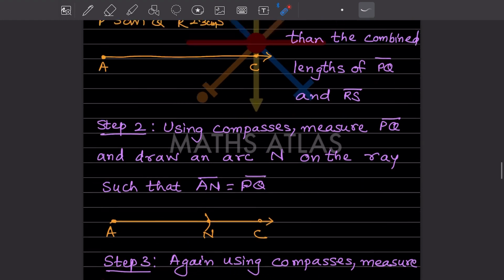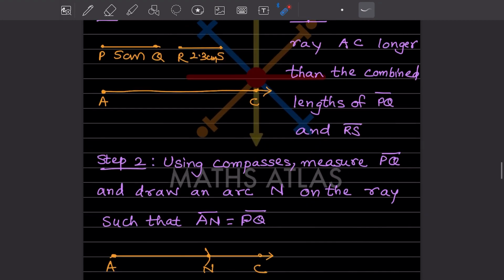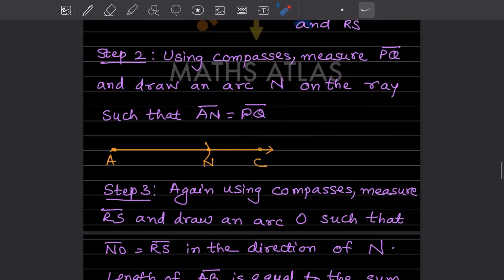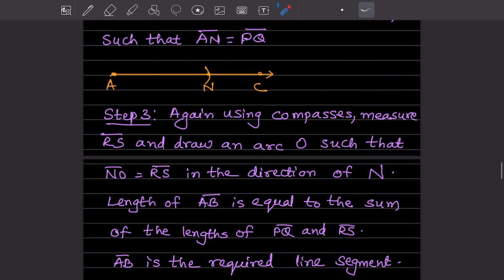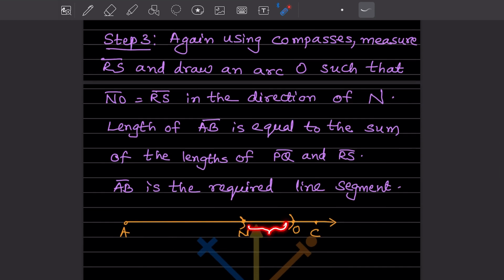Again using compasses, measure RS, such that NO is equal to RS in the direction of N. So see here, this is NO. This will be 2.3.